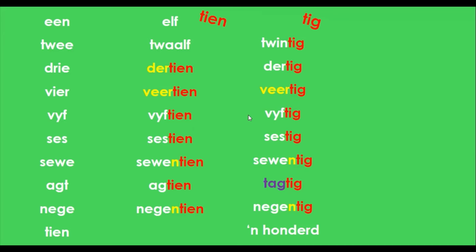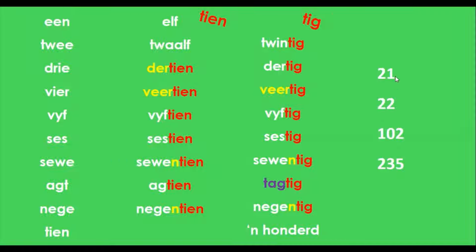And then 5 is 15, 50, 6, 16, 60. 7, again we add the N, 17, 70. Now 8 was 18, but it's not 80. That missing T goes to the front, 80. And then 90 with the N again, and then 100.